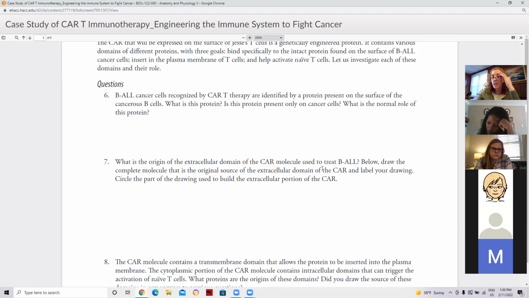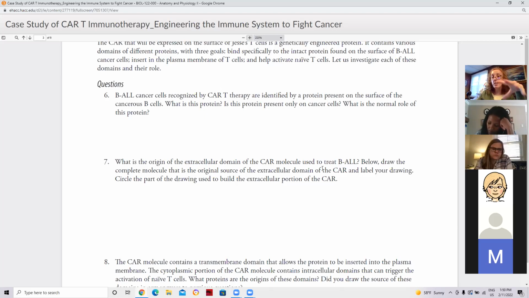And when B cells get activated, what happens? They differentiate into plasma cells and memory cells, right? Remember that from clonal selection? They proliferate and then some of them become plasma cells, some of them become memory cells.